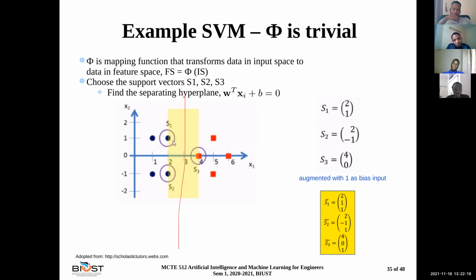Why do we say that the mapping of the input space into the feature space is trivial? Keep your eyes on the screen.